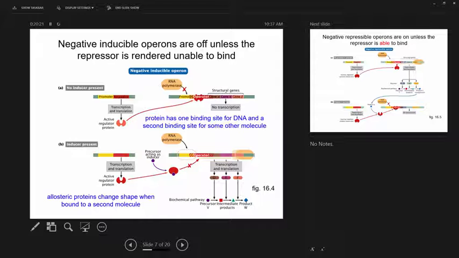So this is not simply on or off. It's like a dimmer switch. There's a whole bunch of those repressor proteins around, and there's a bunch of inducer. How much of the repressor is bound up and turned off? If there's a medium amount of the inducer, then maybe half is bound and half isn't. If there's a lot of inducer, then all of the repressor protein will be bound up and the gene will be going full speed.